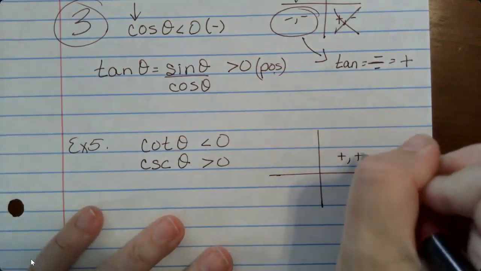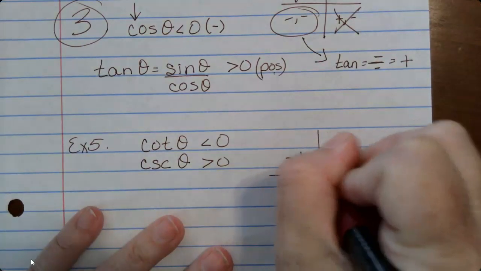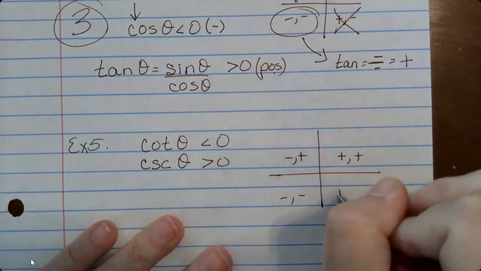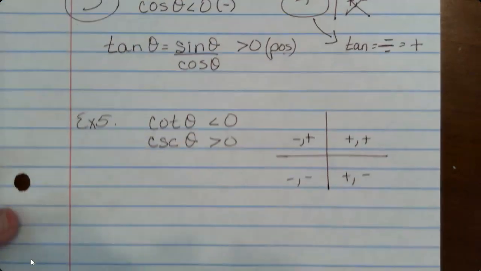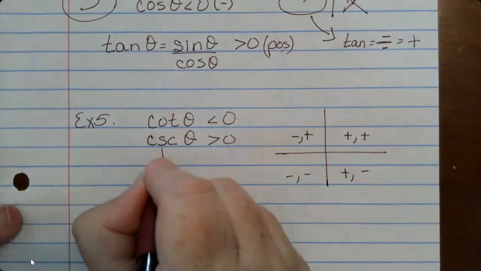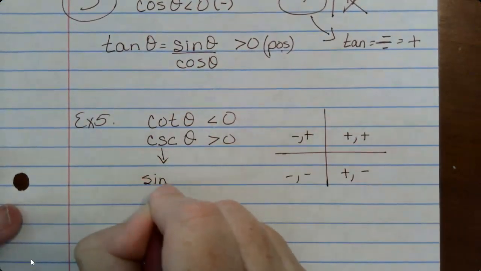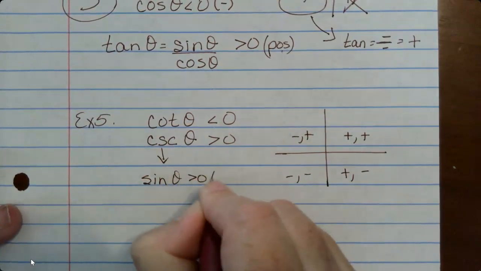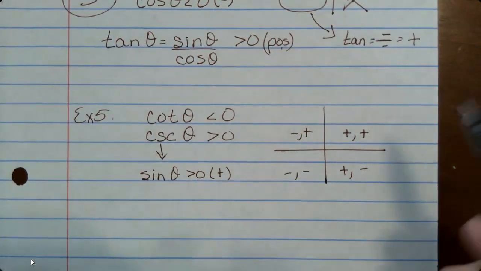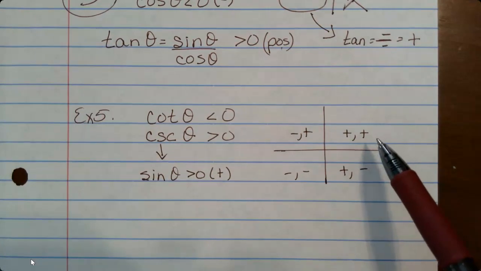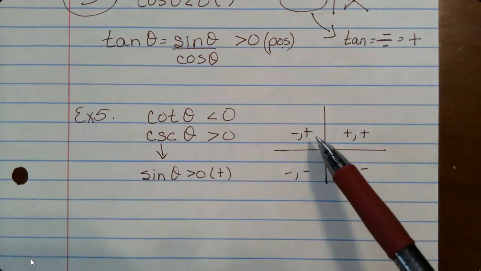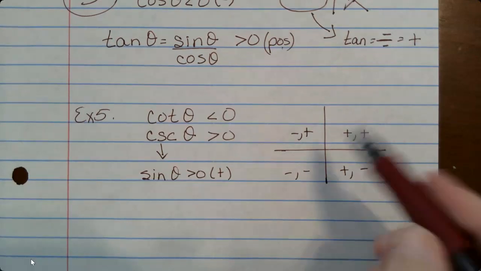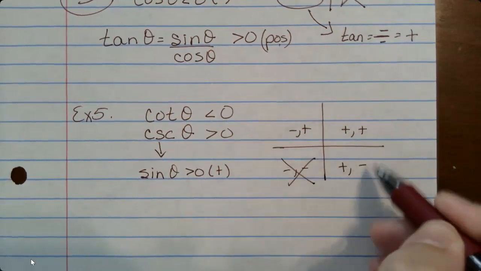So plus plus, minus plus, minus minus, plus minus. Okay, so let's deal with the nice one. So this is saying sine is greater than 0. So I'm looking for when sine is positive. Positive in 1? Yes. Positive in 2? Yes. 3? No. And 4.